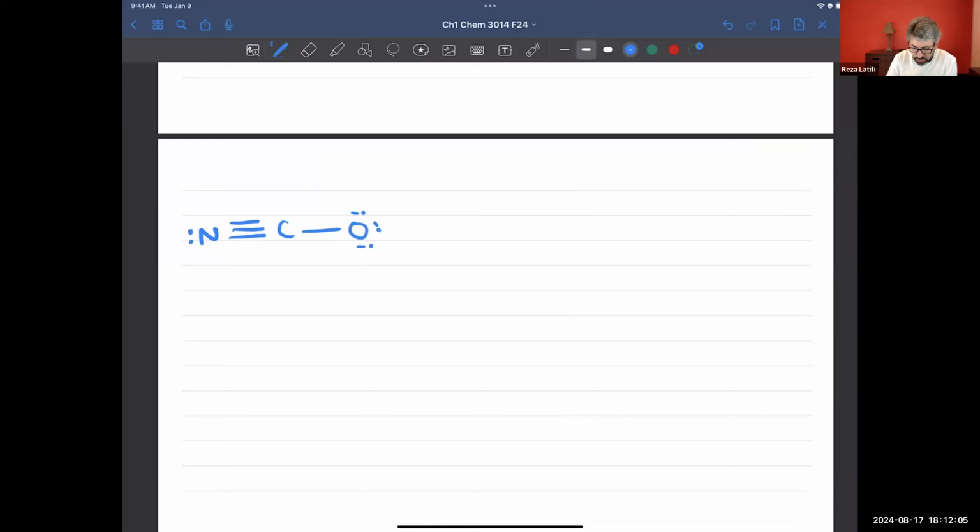This one can be transferred to a structure that has 2 lone pairs on nitrogen, a double bond between carbon and nitrogen, and a double bond between carbon and oxygen. And oxygen has 2 lone pairs.